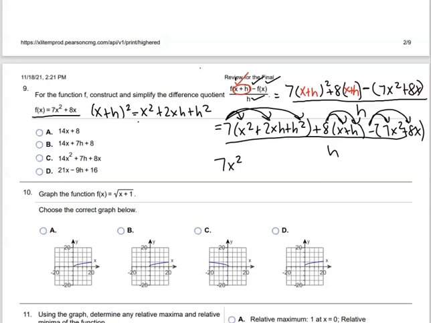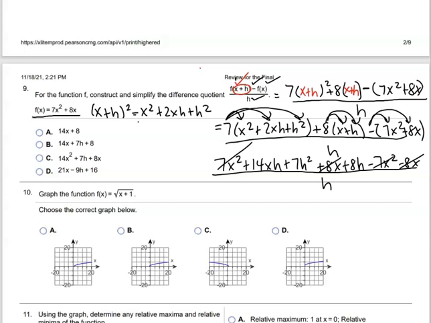So we're going to end up with 7x squared plus 14xh plus 7h squared plus 8x plus 8h minus 7x squared plus, the minus needs to go with both of these, minus 8x all over h. You should at this point get some things that are going to start canceling out. So 7x squared minus 7x squared. 8x minus 8x should go away.